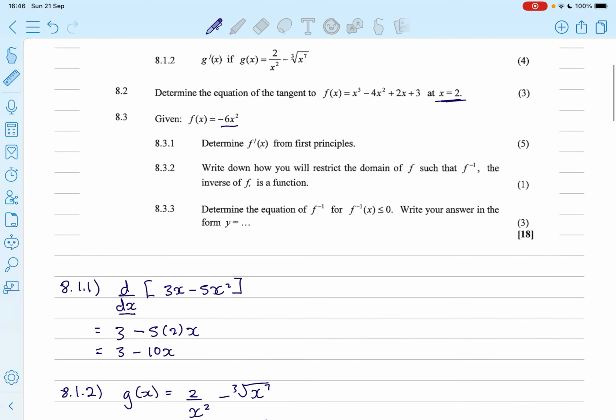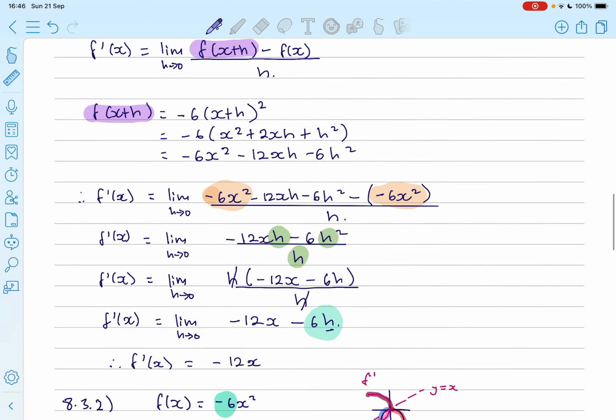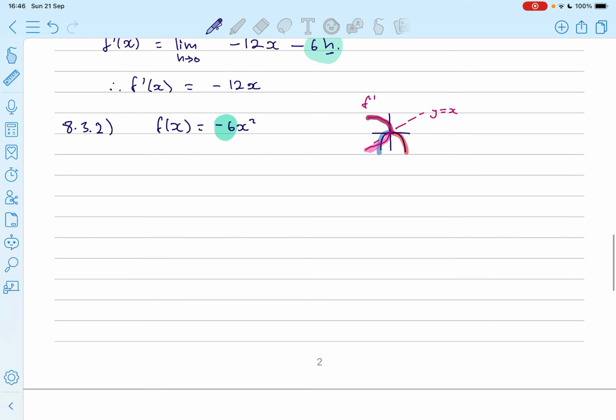So to finally answer the question, we are therefore going to restrict it such that x is equal to or greater than 0 or x is equal to or less than 0.